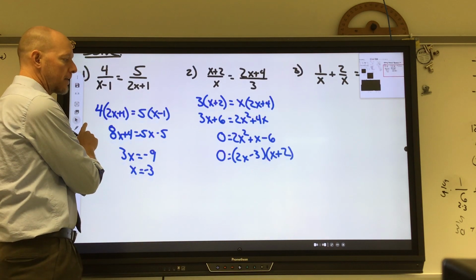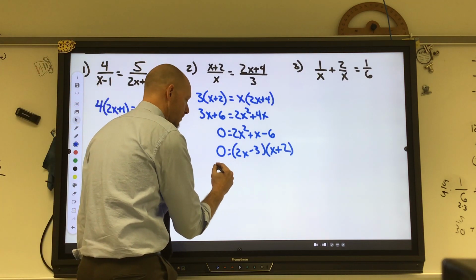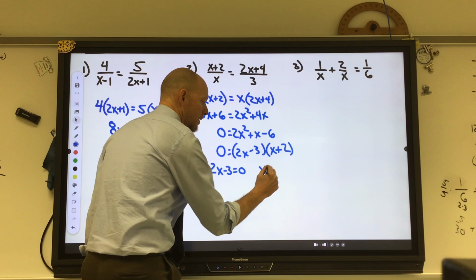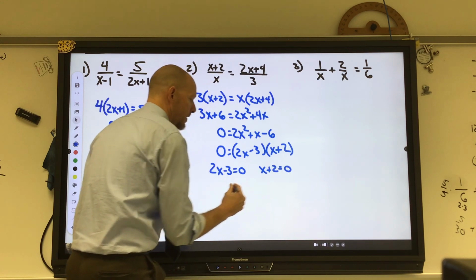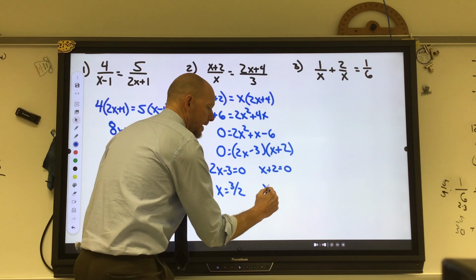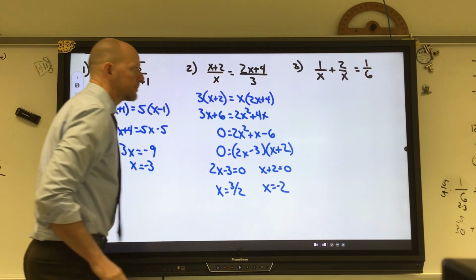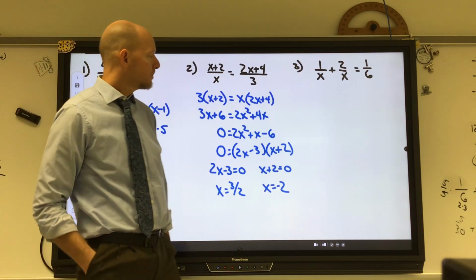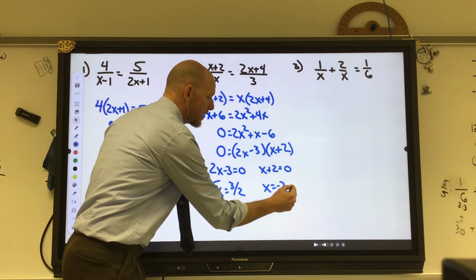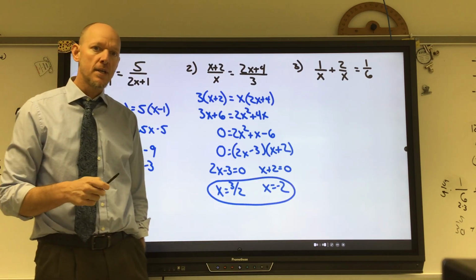From there, I'm going to solve each independently using the zero product theorem, and I get x equals 3 halves, and I get x equals negative 2.